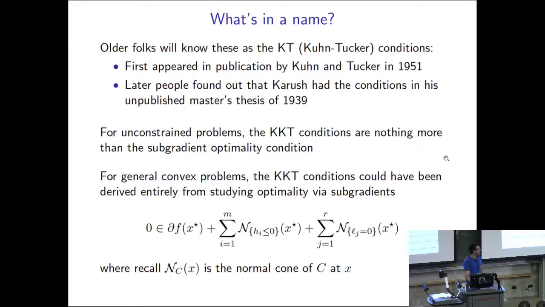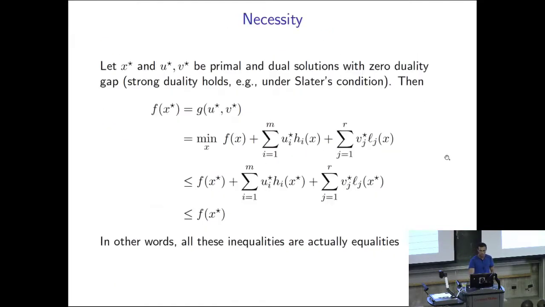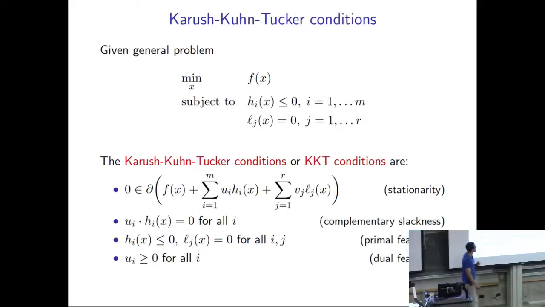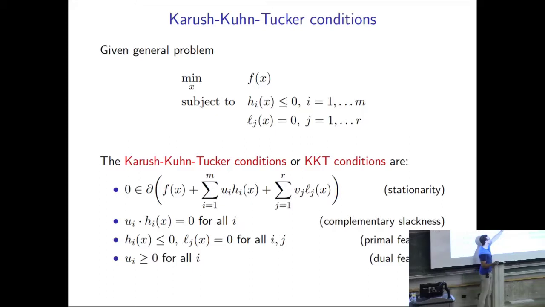Another note is that for unconstrained problems, if my primal problem had no inequality constraints and no equality constraints, then these are vacuous. In fact, I have no dual variables because I have no constraints. And this is exactly subgradient optimality, right? These sums don't appear because they're empty.